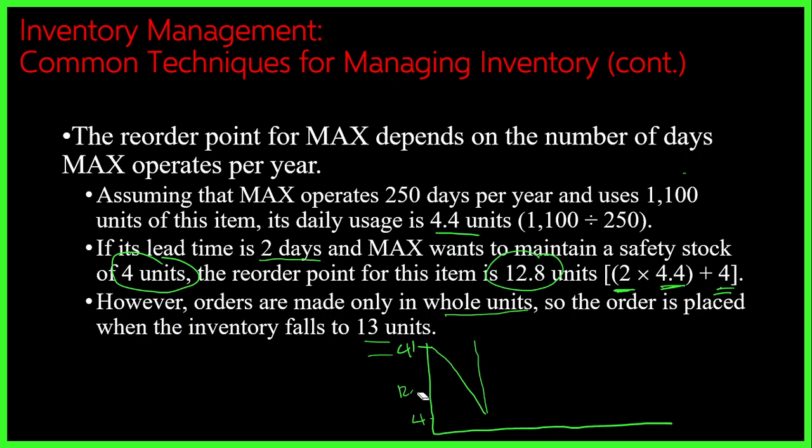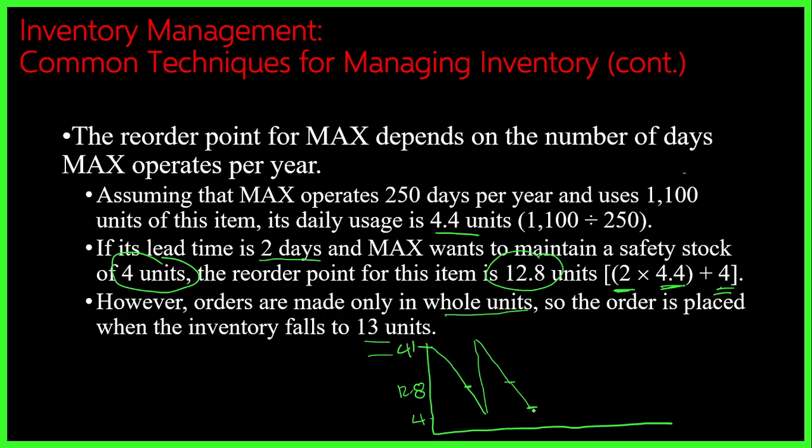So, ano 12.8? Tada! Okay, so let's say that's 12.8. Order ka na sa supplier mo. After 2 days, your purchase of 41 units will now arrive. At 12.8 or 13 units, you made your order and then it did not arrive yet.